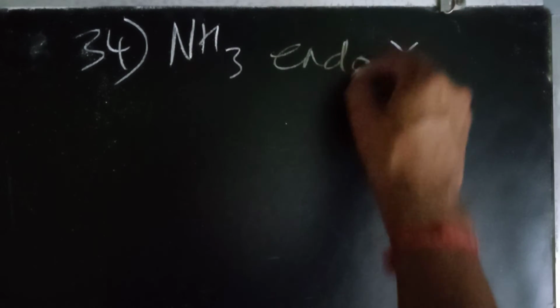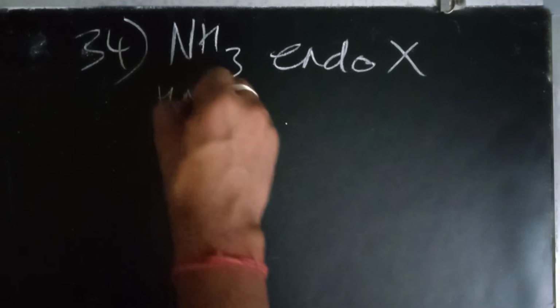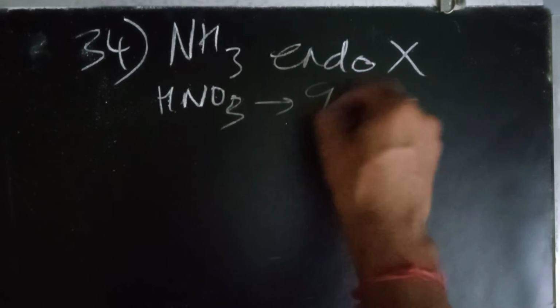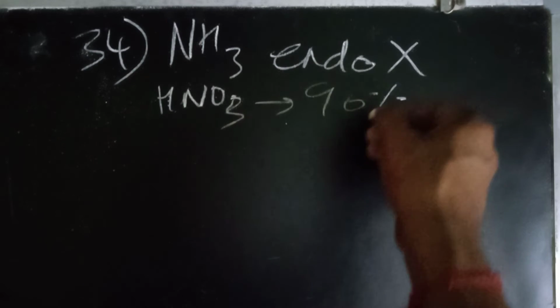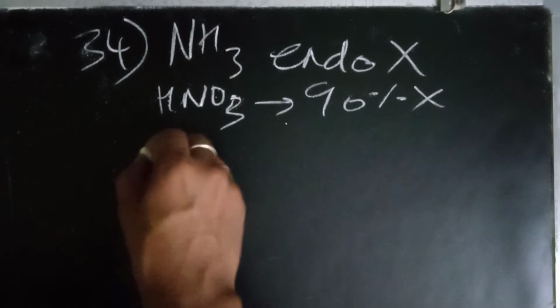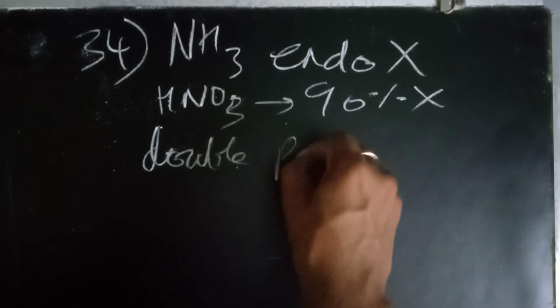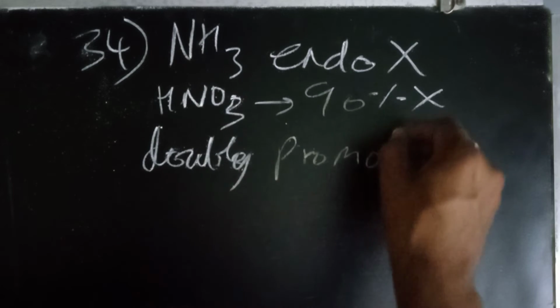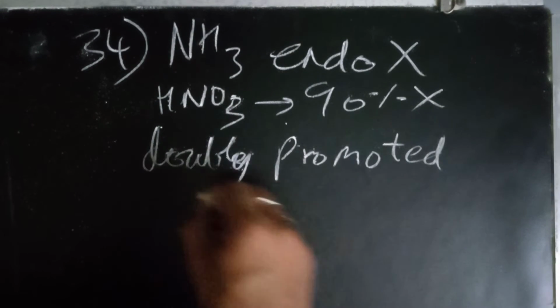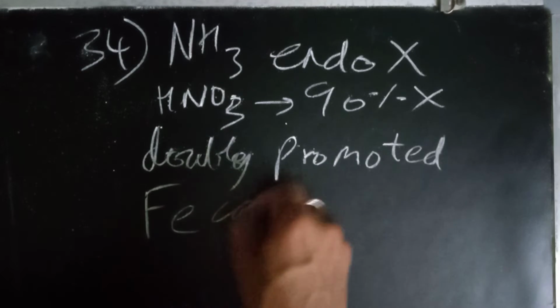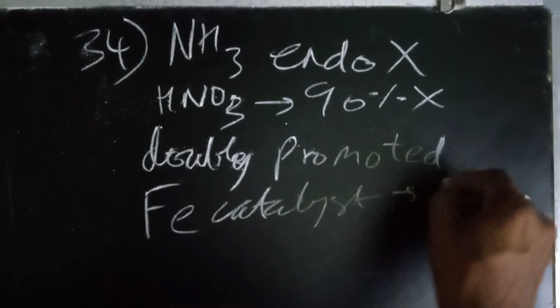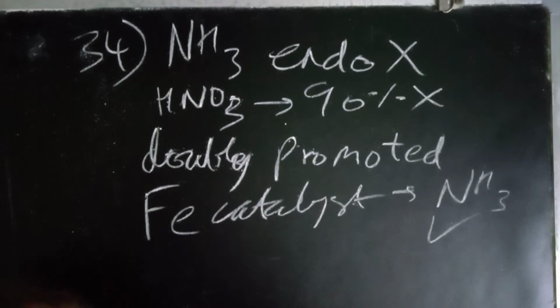Next is 34. There were various options like NH3 ammonia production is endothermic, no. And HNO3, nitric acid production goes to 90%, nitric acid can be obtained, that's also no. Then there was this option, doubly promoted iron catalyst is used in NH3 production, which was the right one.